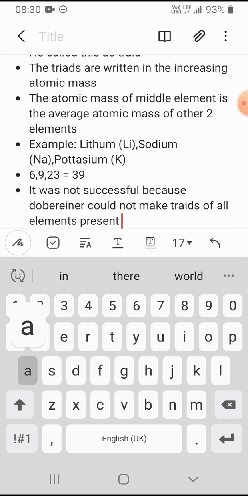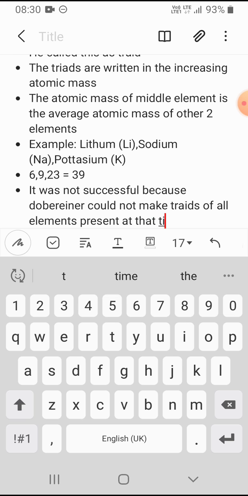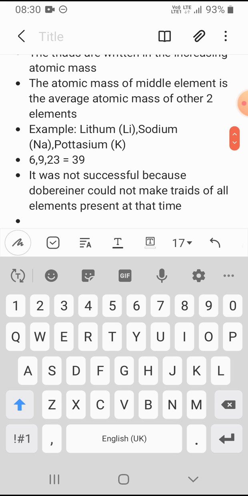The elements present at that time were not all fitting in, as I said, a triad means you should put only three. The atomic masses and the properties were not similar, so he was not able to put them, so it was a failure.